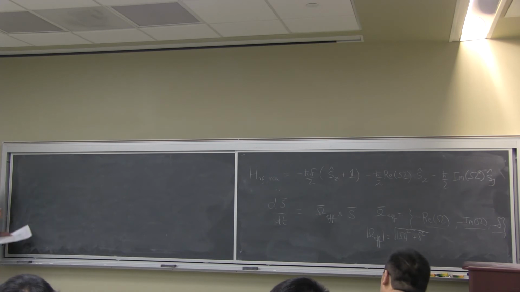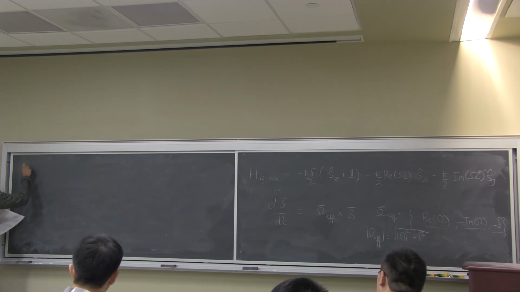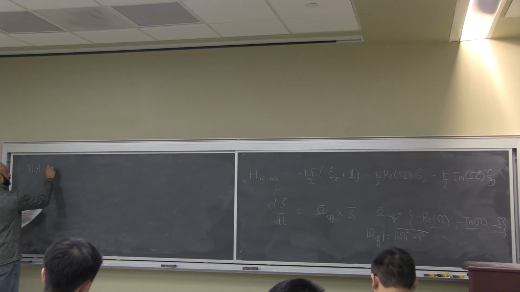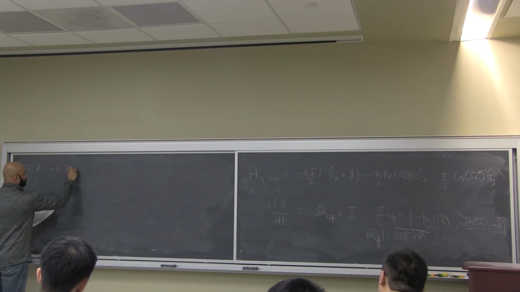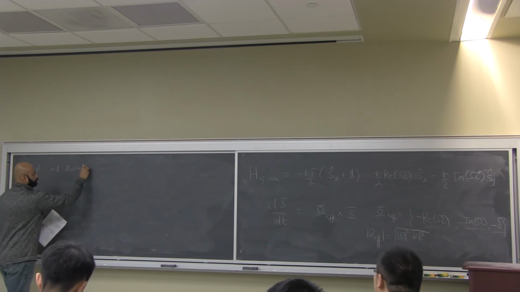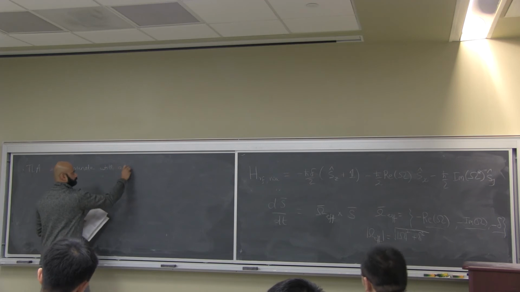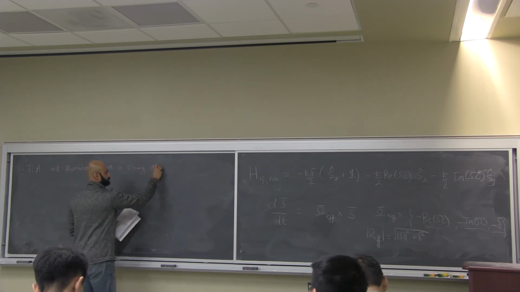But now I want to connect back to something that I had originally promised, which is, suppose I take a two-level atom and illuminate it with a strong drive on resonance.